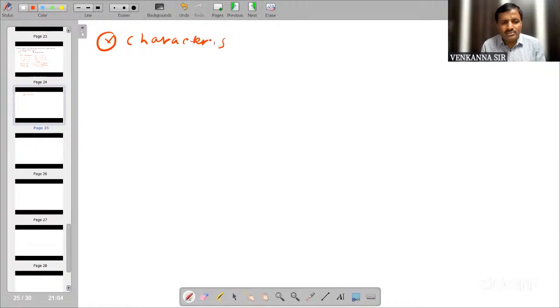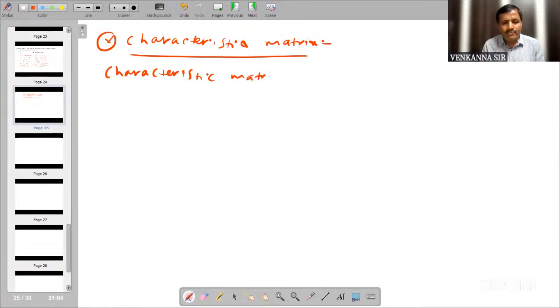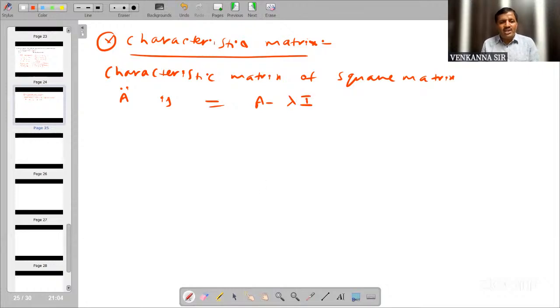Characteristic matrix of a square matrix A is A minus lambda I. What is I?